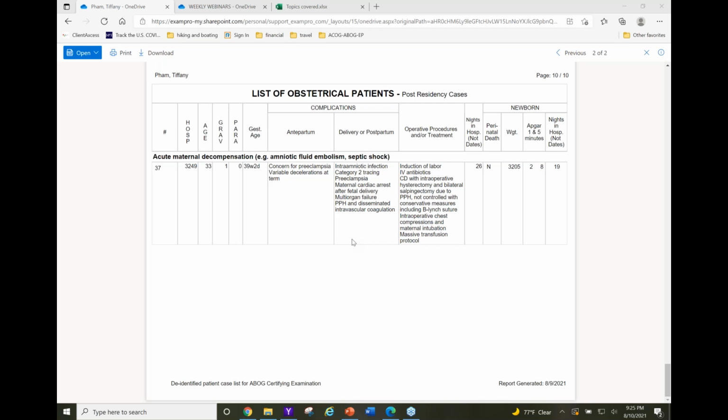I guess to start off with, she did have a couple risk factors for postpartum hemorrhage. She had a prolonged induction of labor course. She also had an intra-amniotic infection going into the C-section. And then after the baby was delivered, she started to have hemodynamic instability.